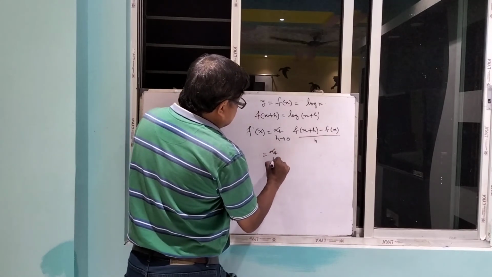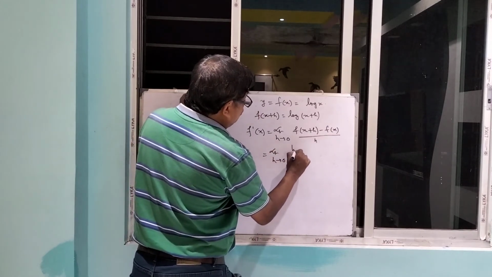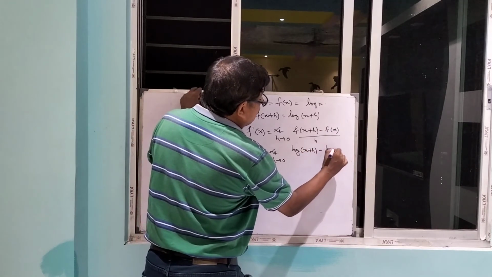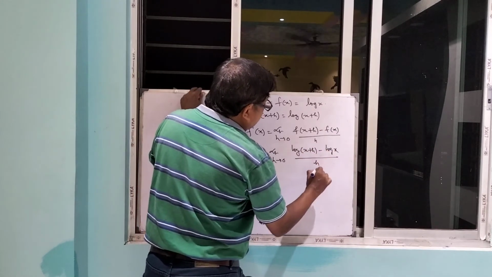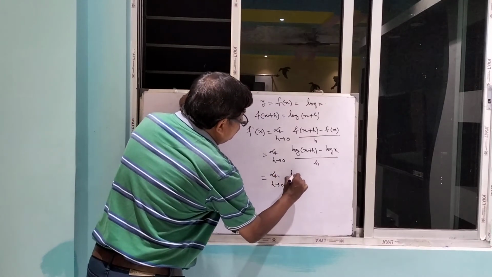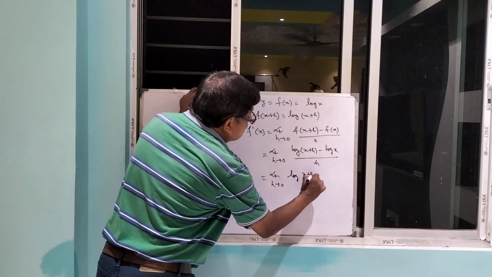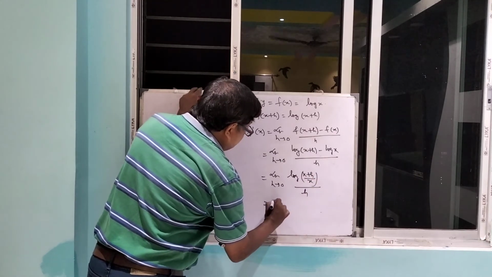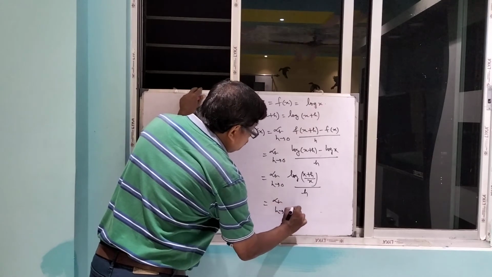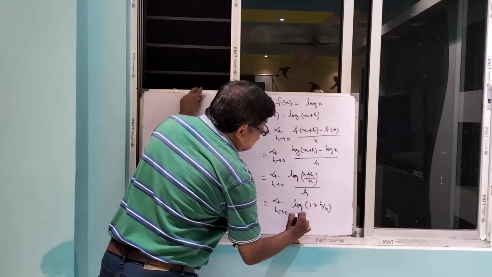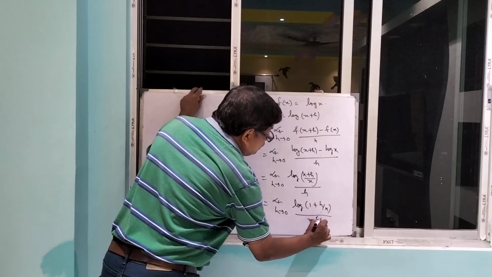So the limit h tends to 0 of log of x plus h minus log x by h. Then the limit h tends to 0 of log of 1 plus h by x, by x into h by x.